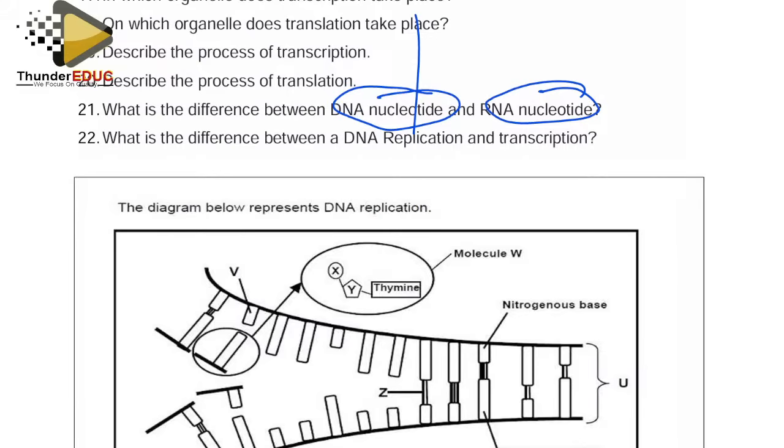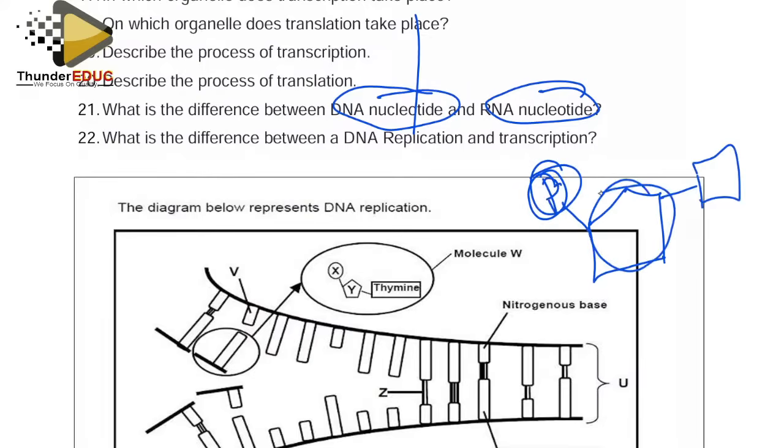Since the phosphate group is the same, you only say DNA has deoxyribose sugar, RNA has ribose sugar. While DNA has thymine, RNA has uracil. That is it.